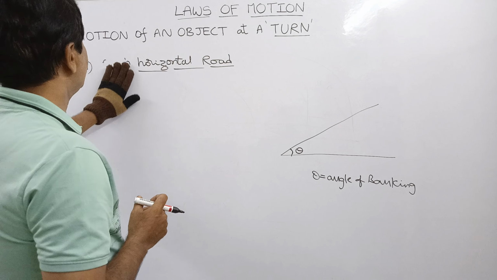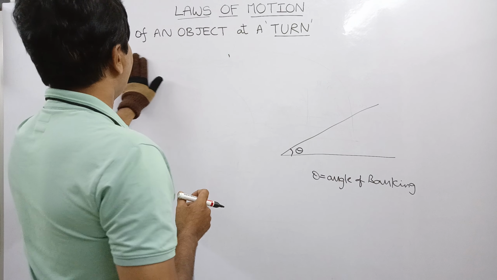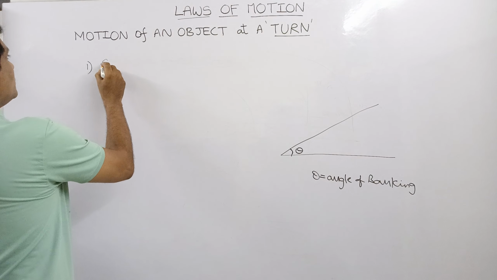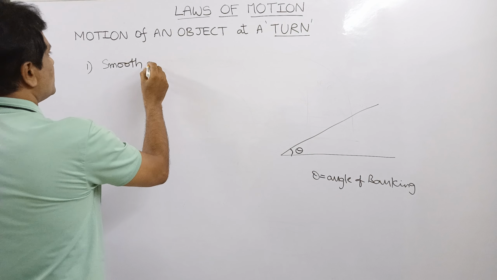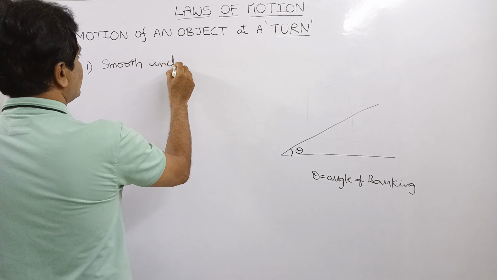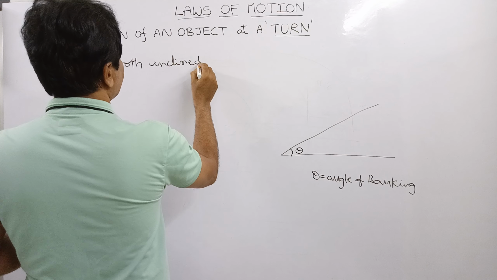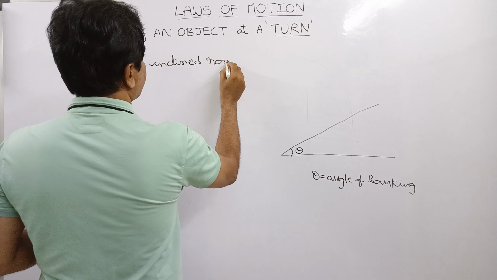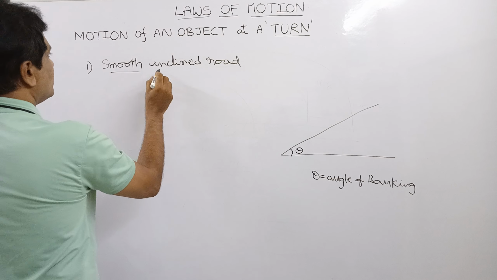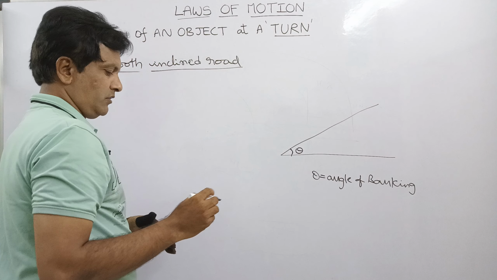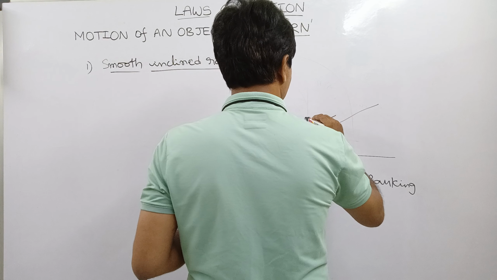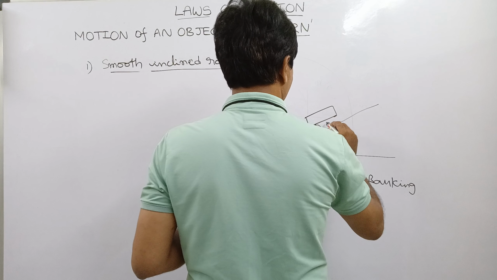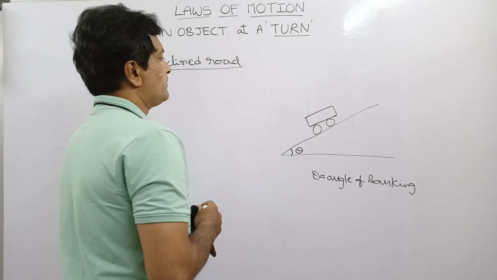Let us see what happens on a smooth inclined road. Smooth means we don't consider the frictional force there. So I'll draw a vehicle going on a turning like this.